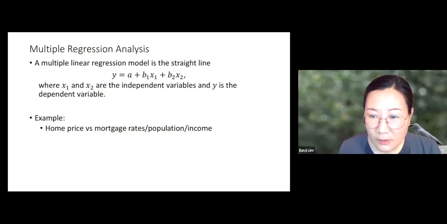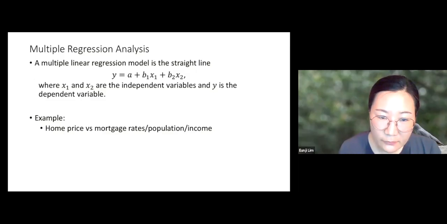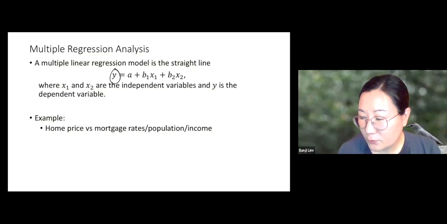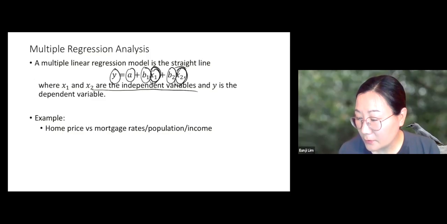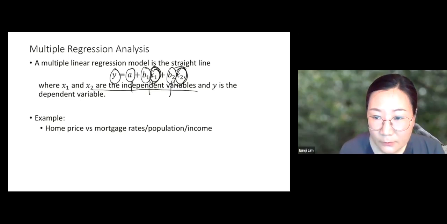For example, if Y depends on 2 factors, we can use a multiple linear regression model, where Y equals A plus B1 times X1 plus B2 times X2. X1 and X2 are the 2 independent variables, and A, B1 and B2 are constants. So this is called the multiple linear regression method.